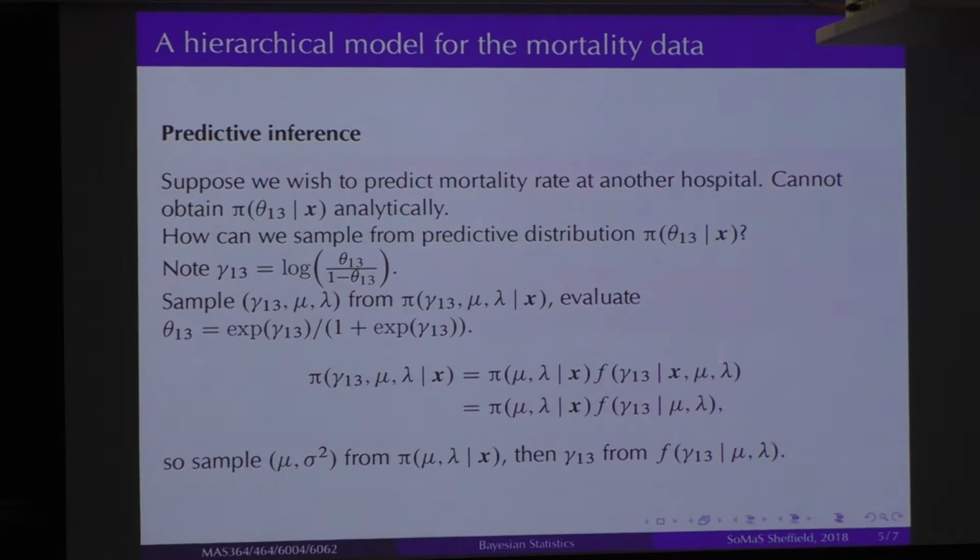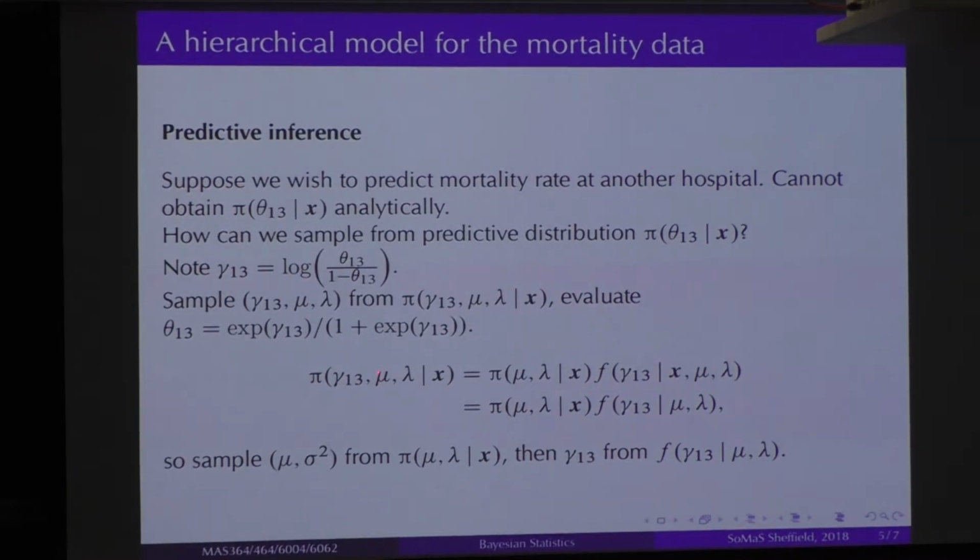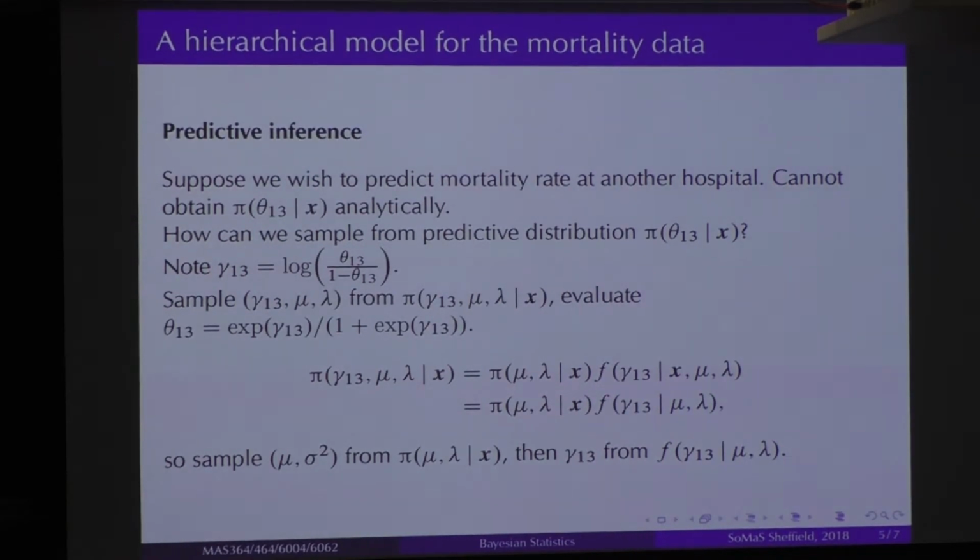So that will be my Gaussian. And that will give me a sample of these gamma 13 in this case, based on what I know about mu, what I know about lambda, and the data at hand. And I can use that sample to transform back from gamma to theta in that way, and I will have a sample of the thetas.